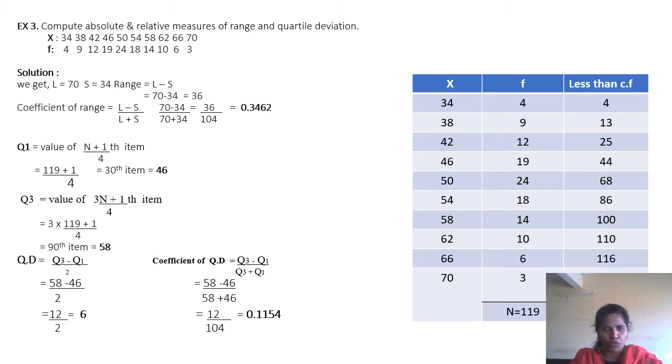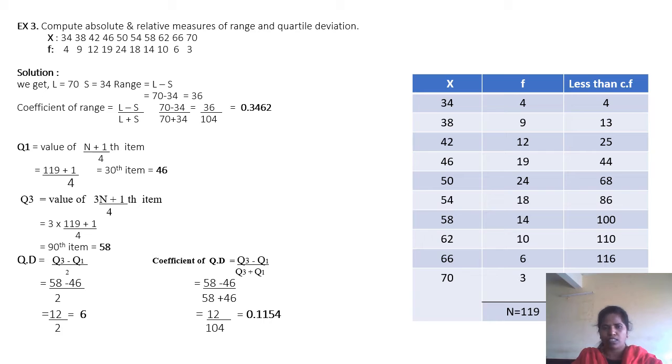Next step, first you have to find the range. The range formula I already explained in the previous problem. L is the largest value of the X series, which is 70. The smallest value is 34. So the range is 36.